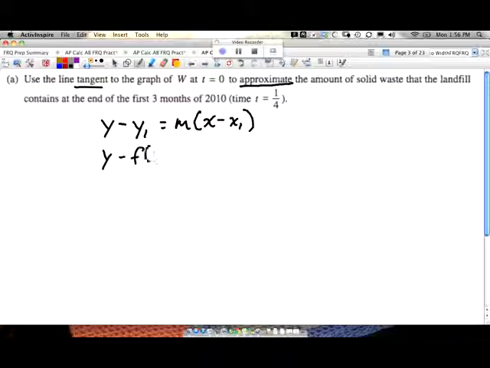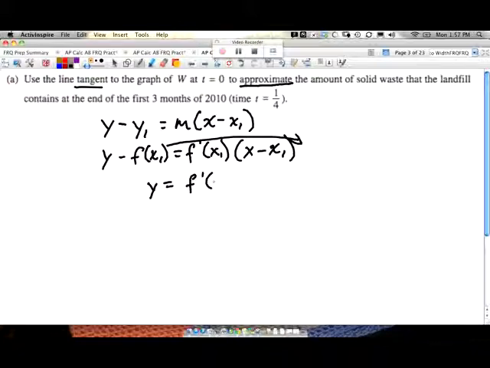Another way of thinking of that is y minus f of x1 equals f prime of x1 times x minus x1. And then you can go even further here. You would move this thing over. Then y equals f prime of the specific x1 times x minus x1 plus f of x1.